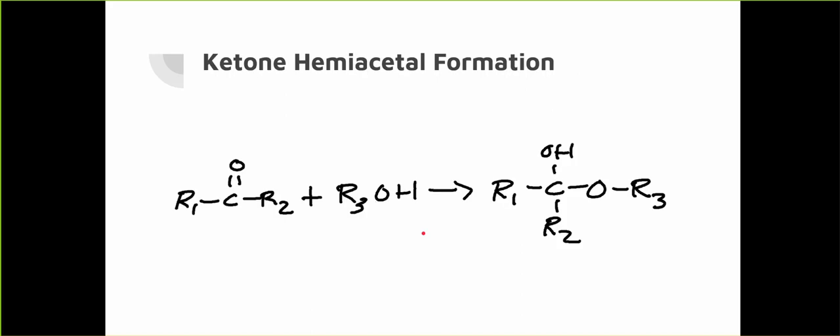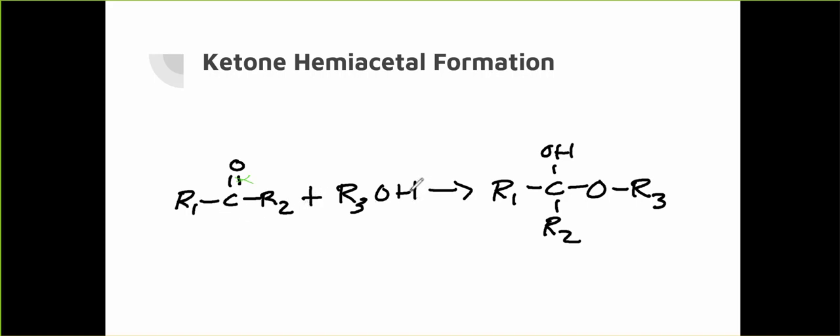And then you can form a hemiacetal from a ketone. So again, I guess go back to annotating here for a second. When this reaction occurs, in this case, this bond here is going to pop.